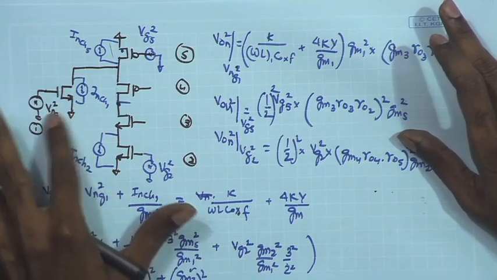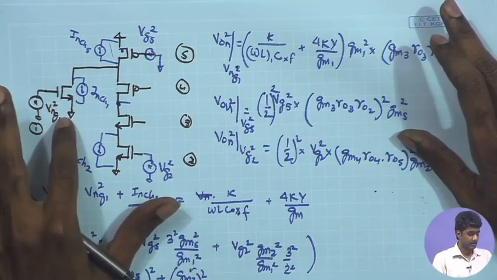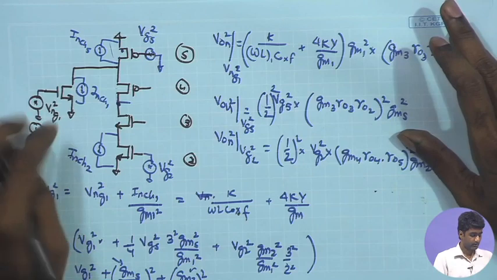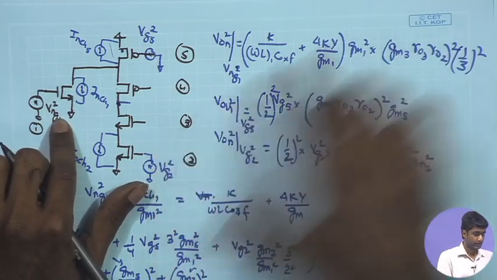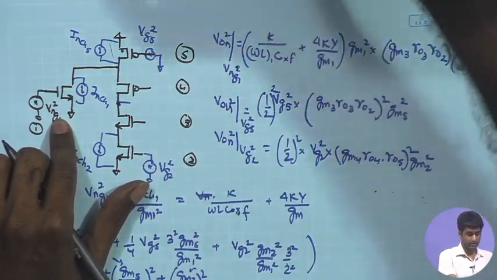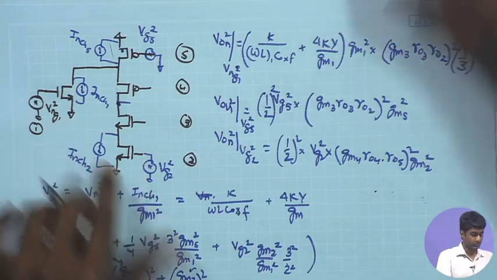The analogy with the tail current source is that the noise contributed by the tail current source is going to be divided equally into the two paths.